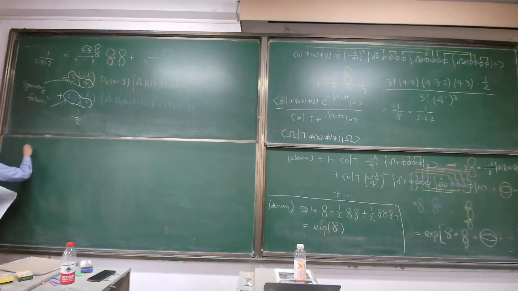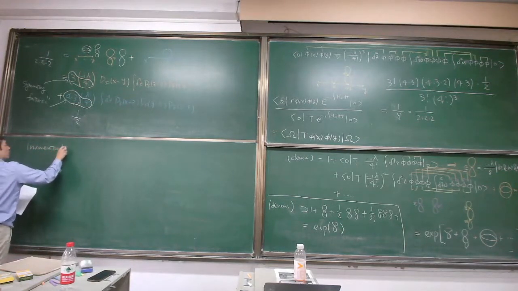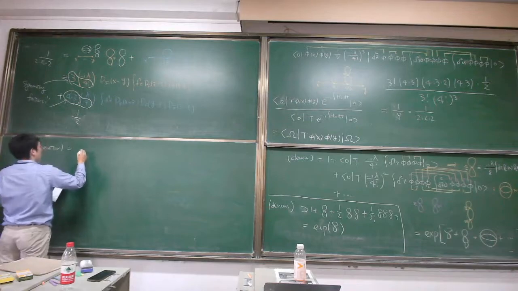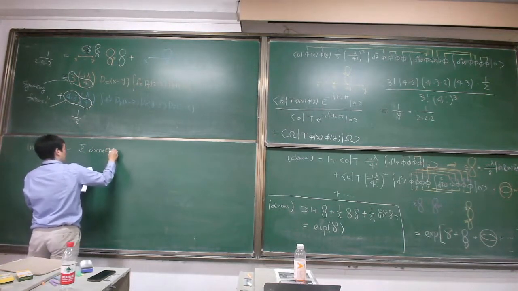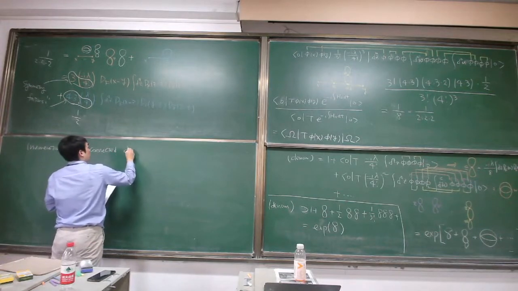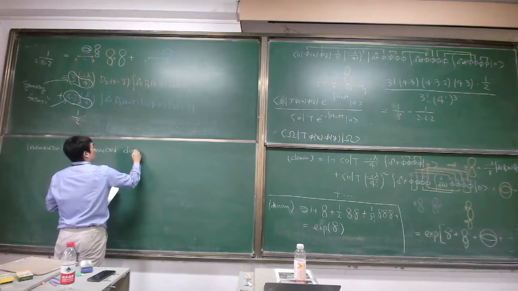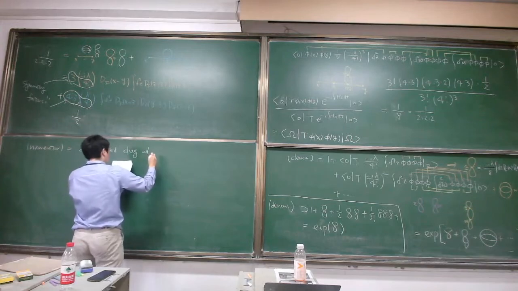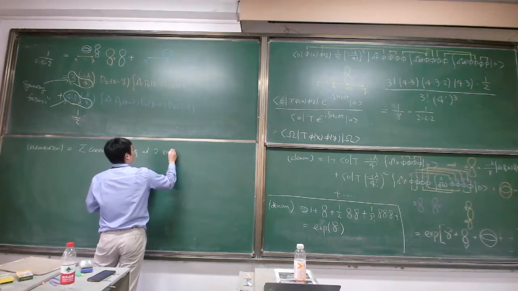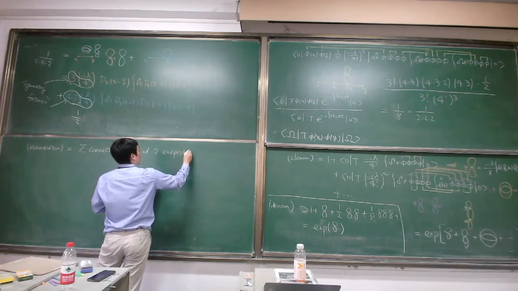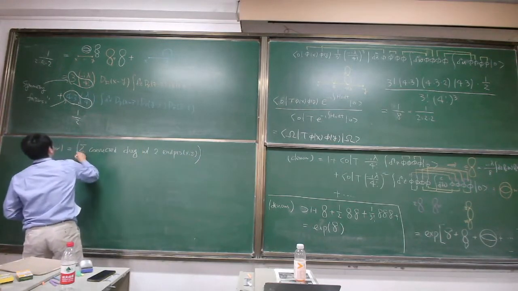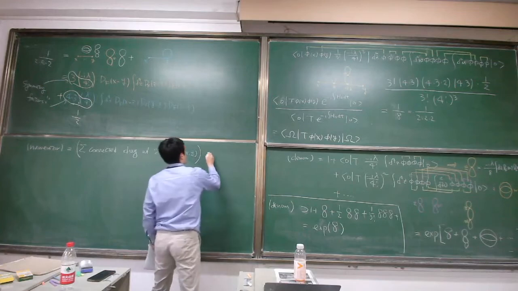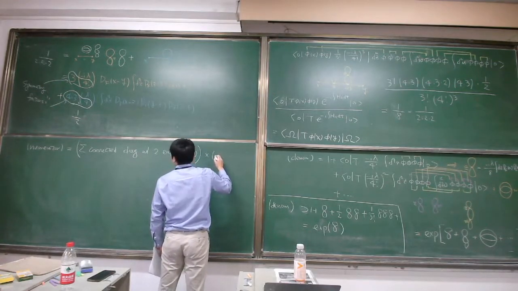So the numerator is equal to the sum of connected diagrams with two endpoints, x and y, times the denominator.